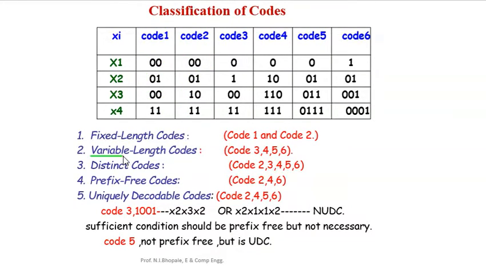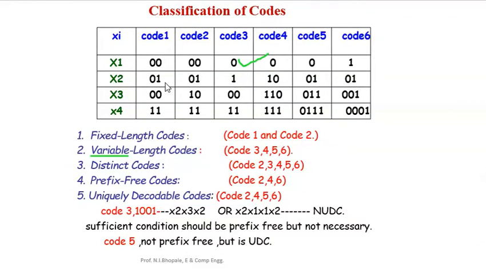Let's understand what is meant by the variable length code. Variable length code means the length of the bits for representation of each message will be varying. So here we can look at code 3.